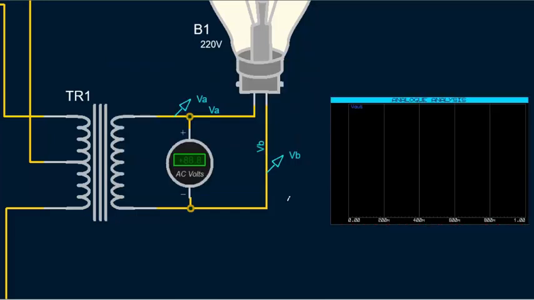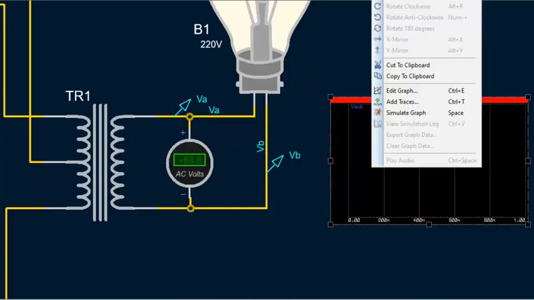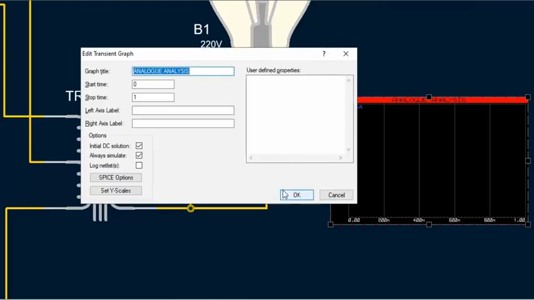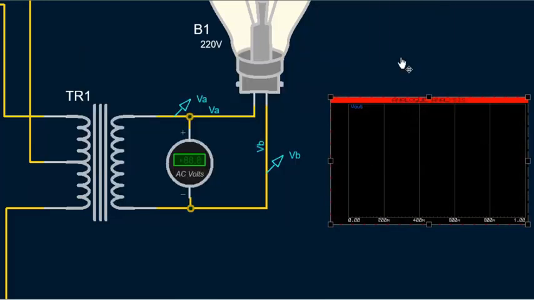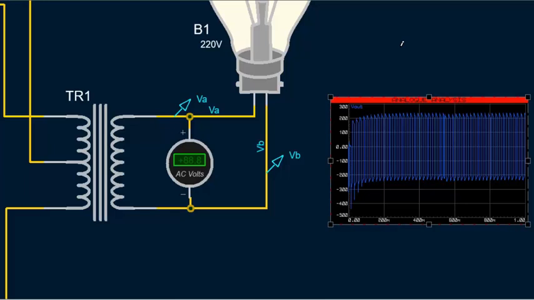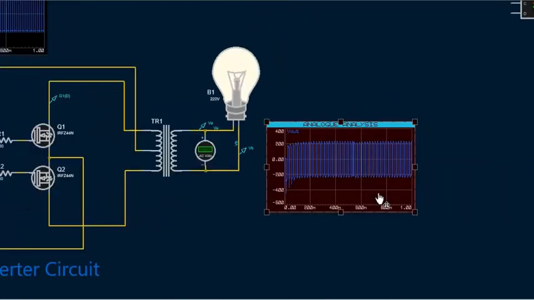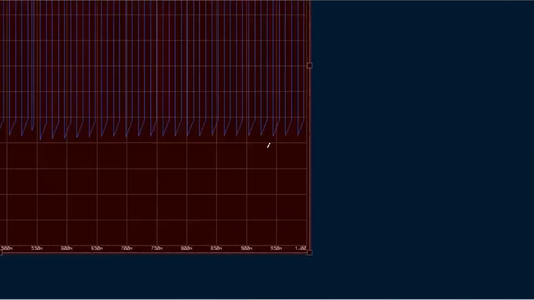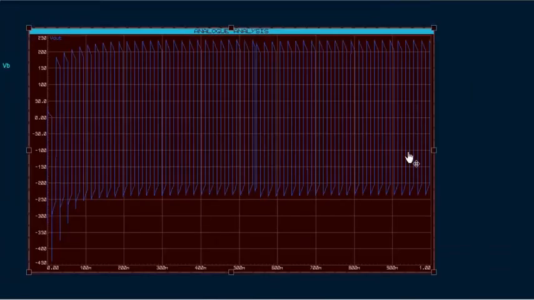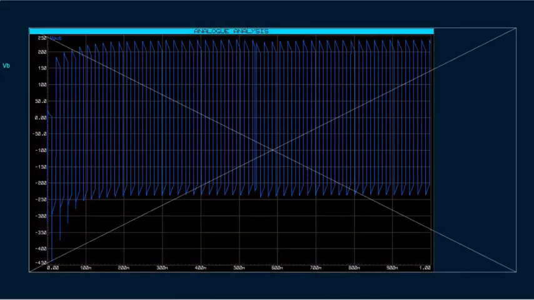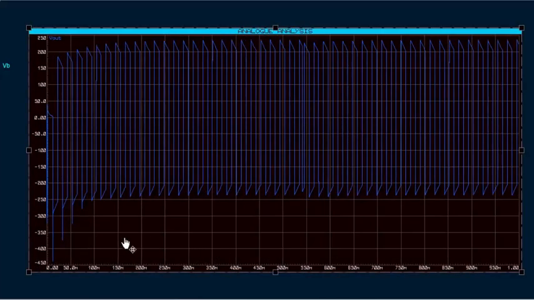This is the 220 volt AC differential signal at the output of the inverter. As you see, there are no high voltage spikes.